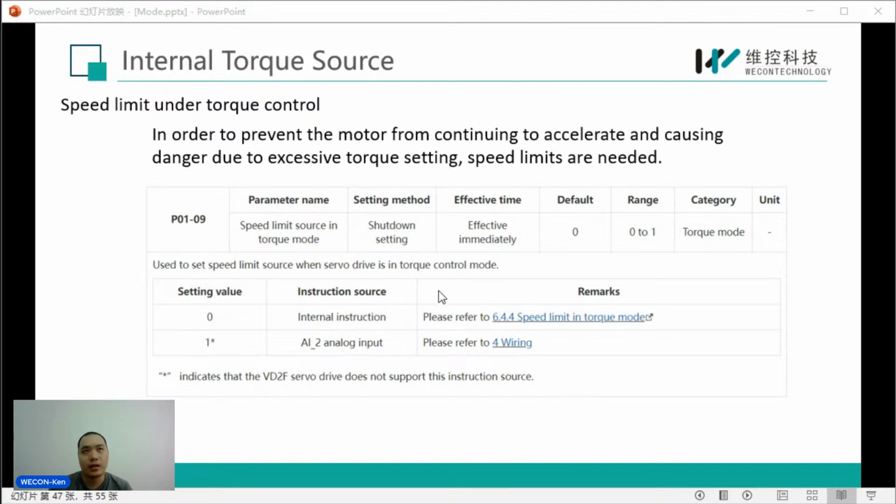If suddenly the load disappears, there is no load, and you set the uniform torque, the acceleration will increase suddenly, and then the speed will keep increasing very fast. So this is dangerous. We need these parameters.